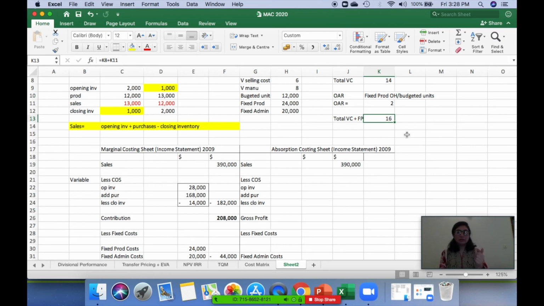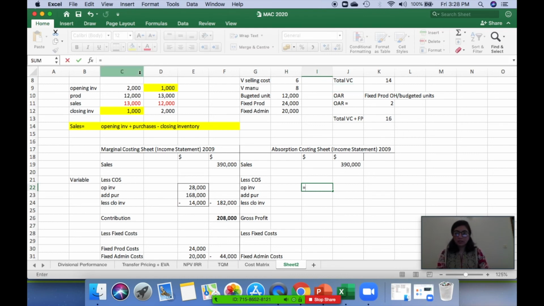So the key difference in marginal and absorption costing is that in marginal costing, the opening inventory and the production are valued at a lower amount because it only takes into account variable cost. Whereas in absorption costing, the opening inventory and the production will give you a higher amount because it includes an additional cost of fixed cost.